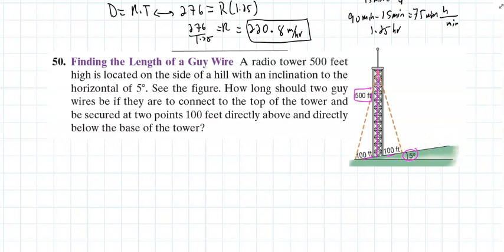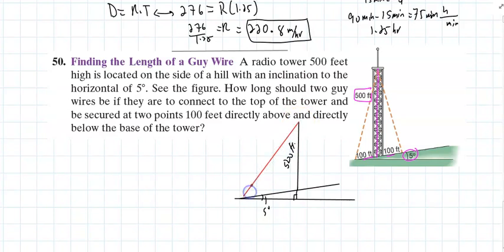Alright, so let me redraw this really quick. I'm looking at a tower, and the height of the tower is 500, and it is at an incline. I'm going to exaggerate the incline a bit. Now, if this is 5 degrees, if I am going to secure this, let's say right there, this is X, and I'm going to secure it on the other end, call this Y. I know this is 100 feet, and this is 100 feet.